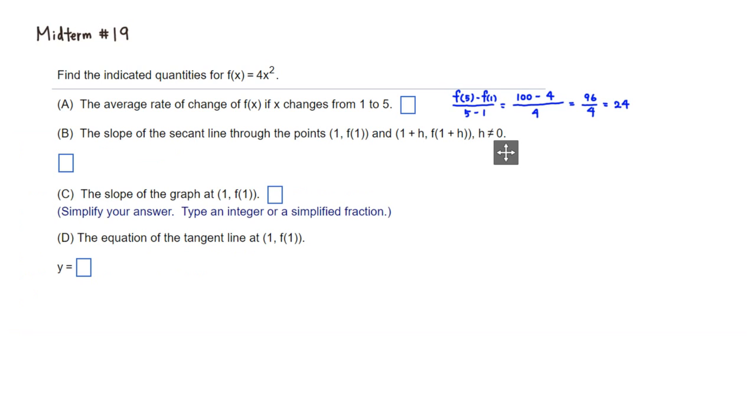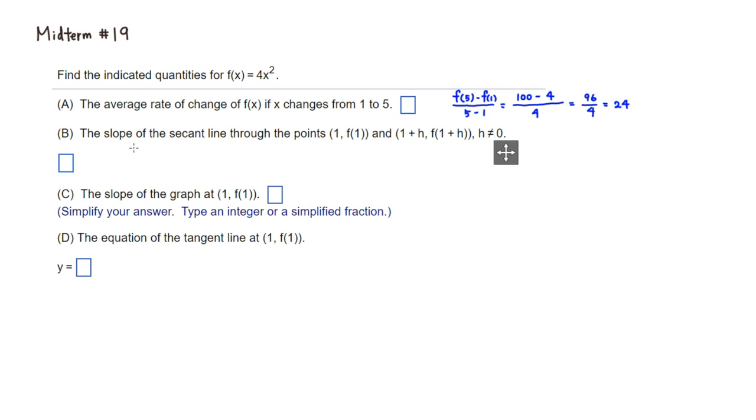Part B: the slope of the secant line through the point 1 comma f of 1 and 1 plus h comma f of 1 plus h. The slope of a secant line, again, is really the same thing as the difference quotient.